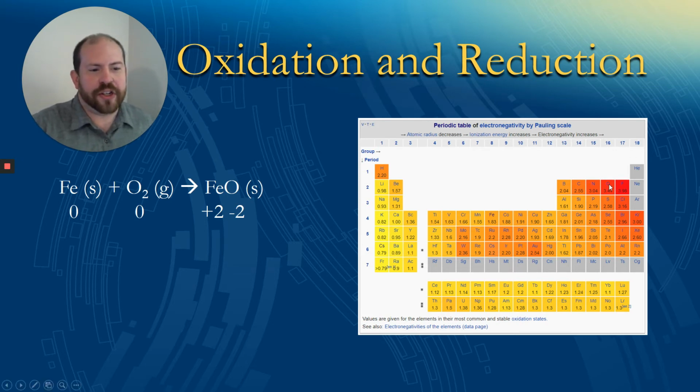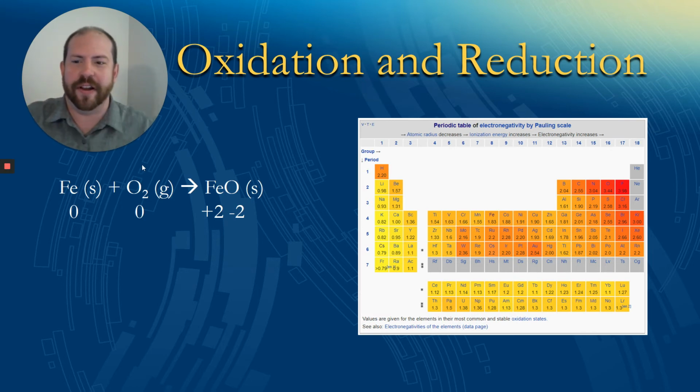If oxygen shows up, it's highly likely to steal your electrons. In fact, the only element that's going to be better than that is fluorine. So oxygen was known at the time that these reactions were first studied, so oxygen gets tagged with this identity. It's the electron stealer. If you were oxidized, you were going to be losing your electrons because oxygen's taking them. They didn't know about electrons in the 1700s, but we still carry on their term.